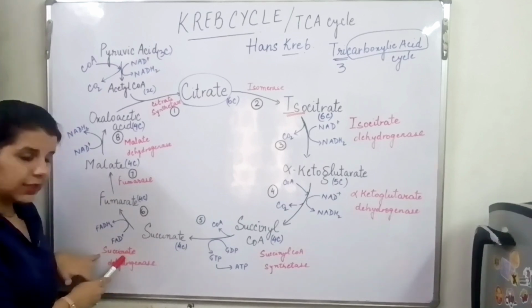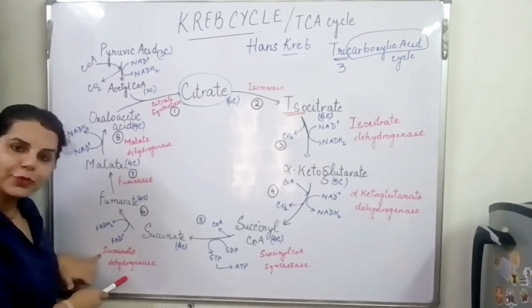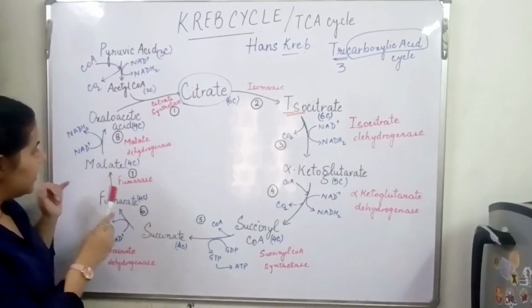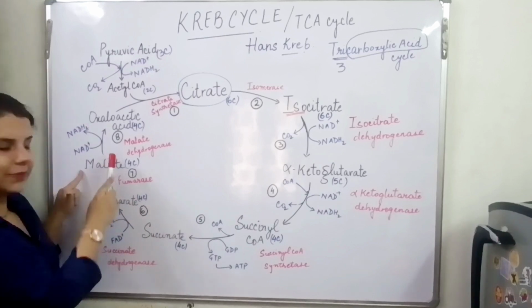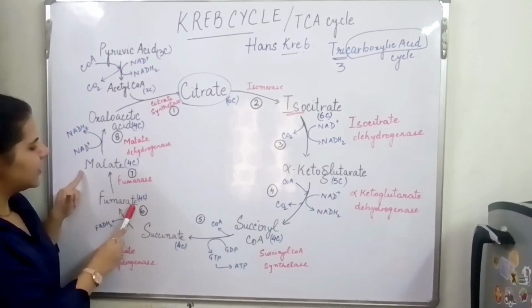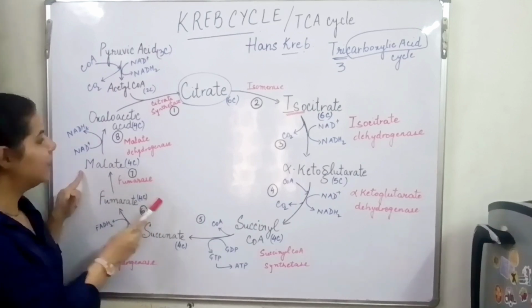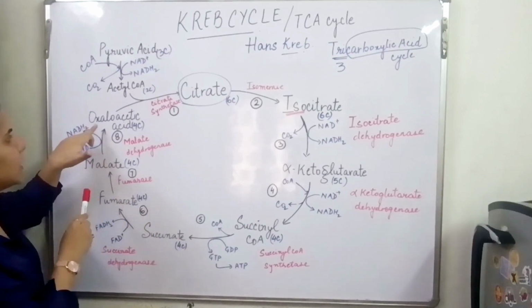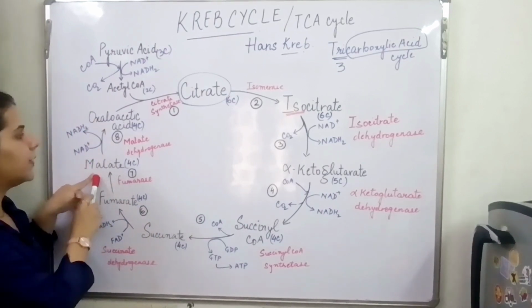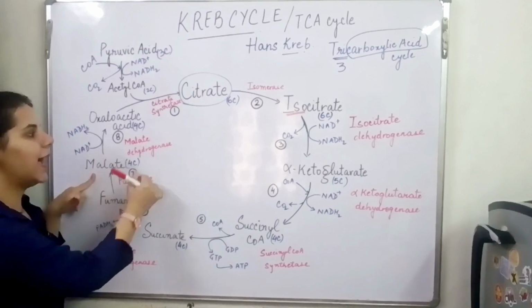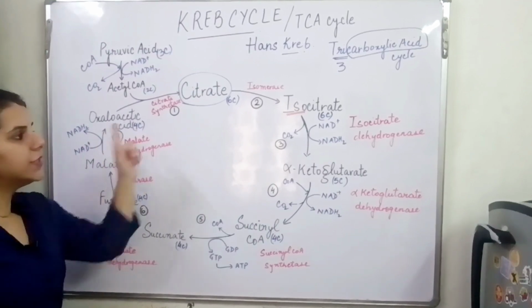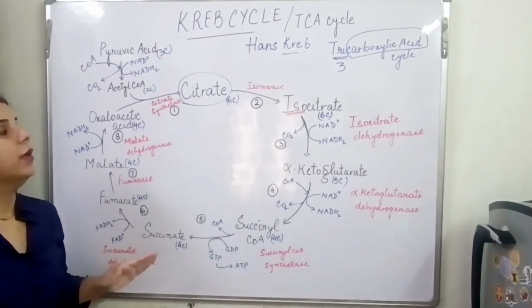So we'll write the name of the substrate and add dehydrogenase, right? Then from fumarate to malate, we just have to replace this TE with SE: fumarase. Then from malate to oxaloacetic acid, we'll write the name of the substrate, malate, and add dehydrogenase.